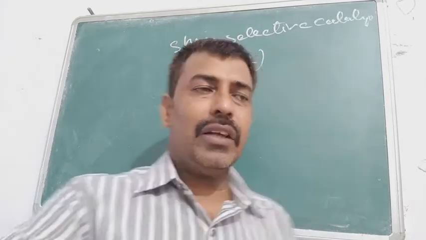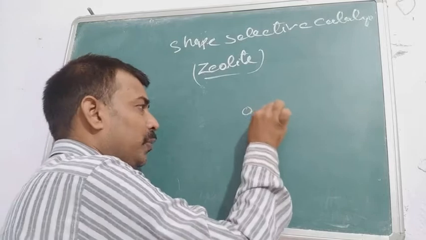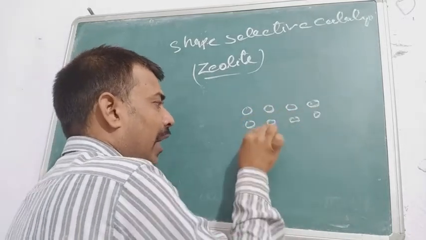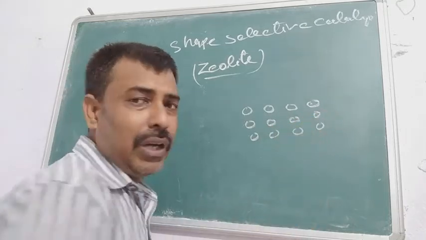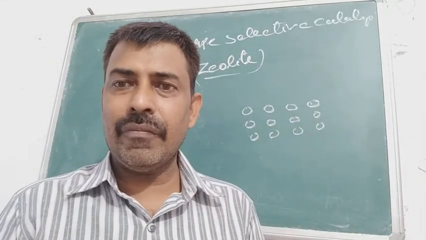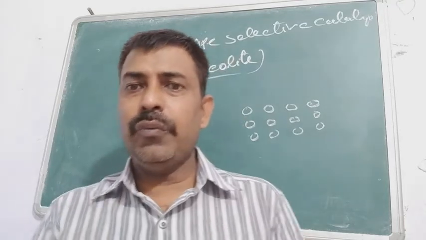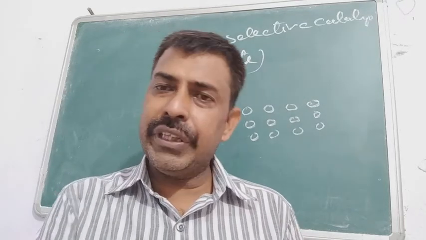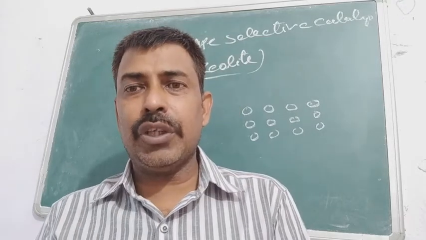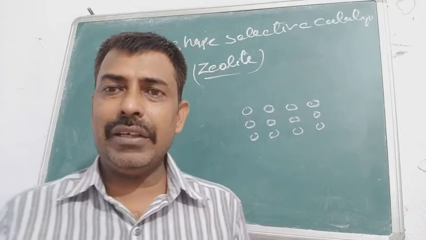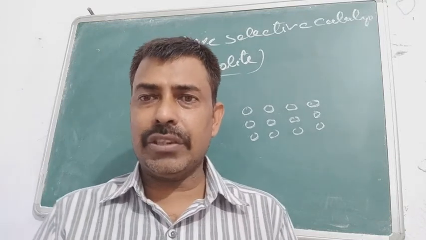That means there are many pores on the surface of the zeolite, just like a honeycomb, and all of the pores have identical size. Because of this, only those molecules which have a shape matching these pores adsorb on the surface and get catalyzed, and this is why they are called shape selective catalysts.